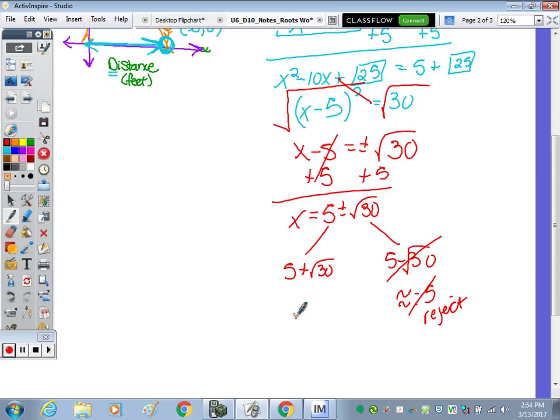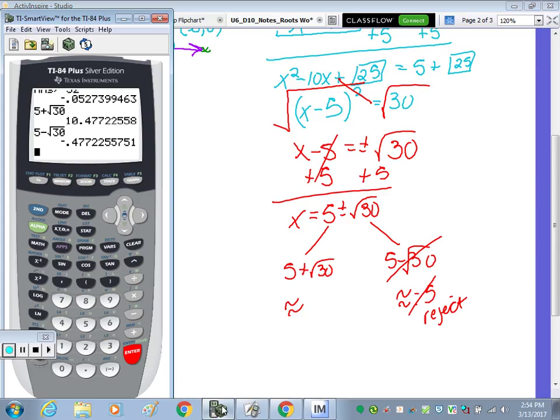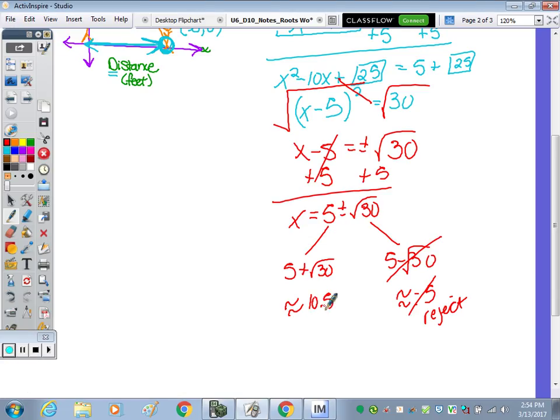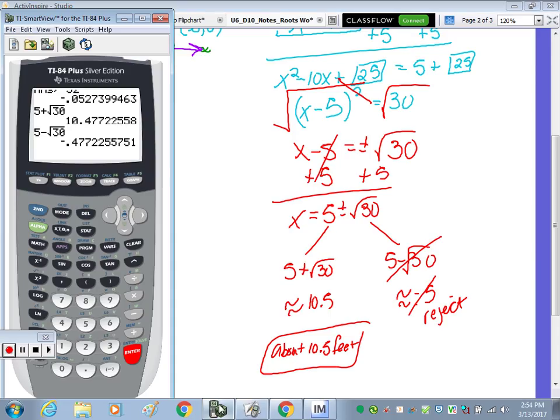And this one was approximately what? Going back to the calculator. 10.5. So to answer the question, how far? It's about 10.5. What's our unit of measurement? Feet.